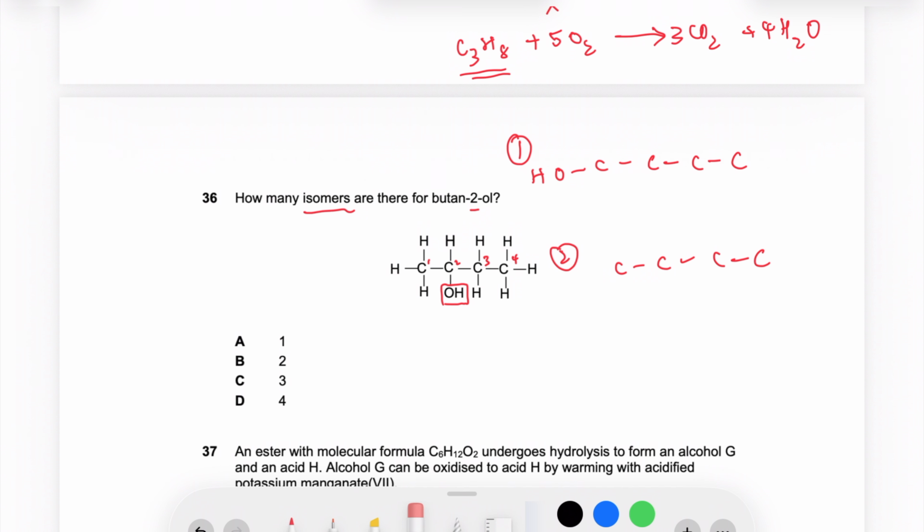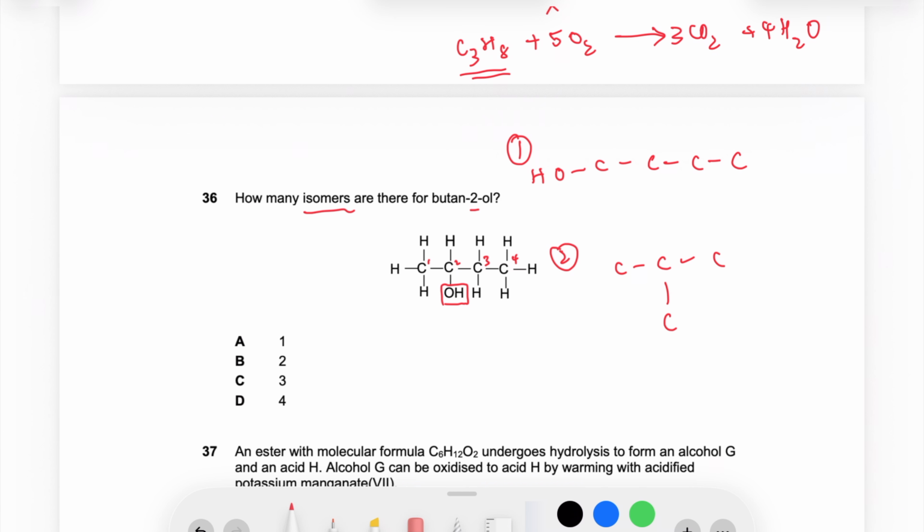Okay, and what if you put your OH here? So number 1 and number 2 are actually the same because you can just flip the chain. Then 1 and 2 are actually the same thing. Okay, so this is not a new isomer. So the only one that makes sense is you have to try to change to a branched chain. Okay, so something like that.